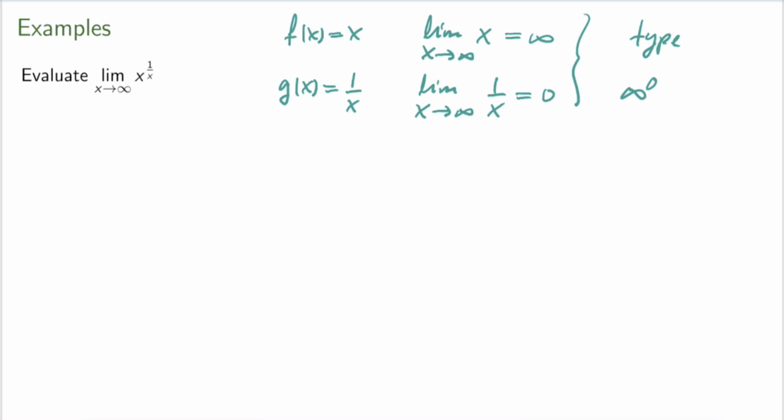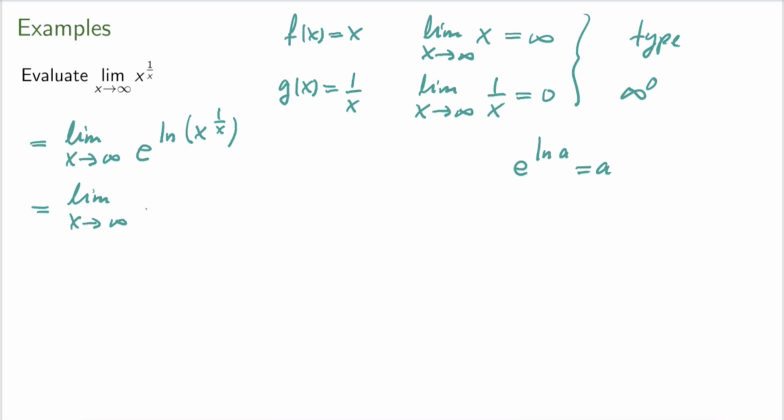Of course, L'Hopital will help us, in this case, too. So here I need to reformulate this again so that I get a fraction. And I use the rule for the exponents and logarithms. So I write this as e to the ln of x to the 1 over x. So you might remember, right, that e to the ln a is a. So that's what I used, one of the exponential rules. Now I can write this to be a limit x to infinity e to the, and now the exponent comes to the front.